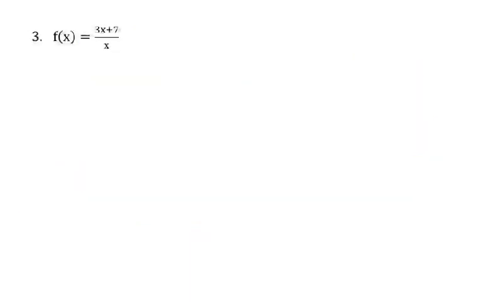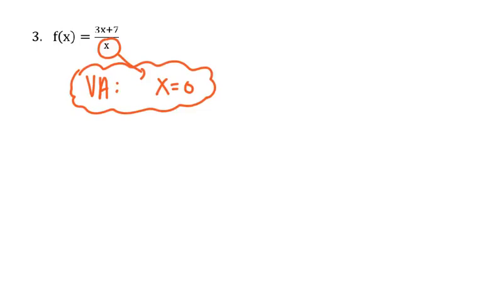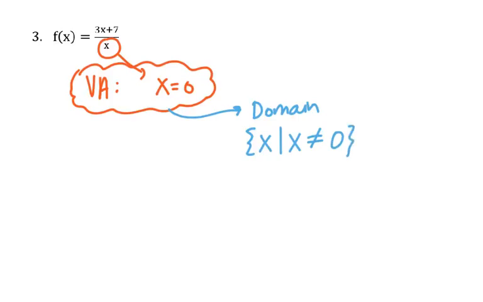This one, setting the denominator to 0 is kind of boring, right? We set x to 0 and the solving is done. So the vertical asymptote for this function will be at x equals 0. And that means the domain is everything but 0. So again, just to keep writing it in both the set builder and the interval, here is our set builder notation, all x, such that x does not equal 0.